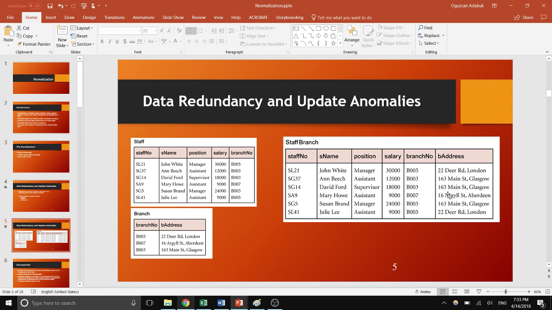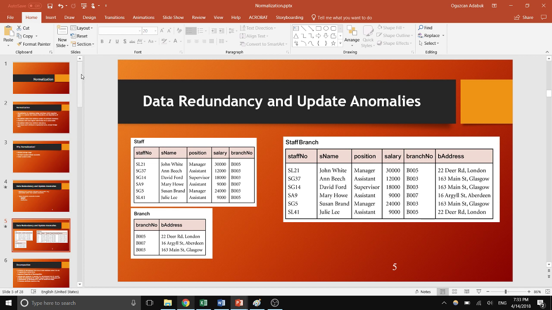So these are undesired situations, and to prevent these, the database tables need to be normalized. And on the left side, as you can see, a larger table can be decomposed into smaller tables, and this way there's less redundancy, fewer anomalies.